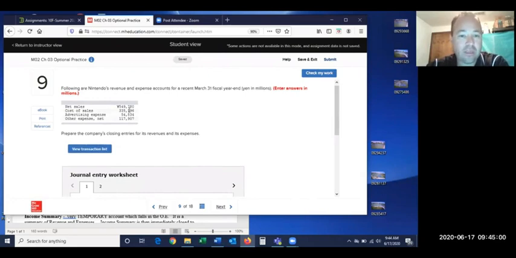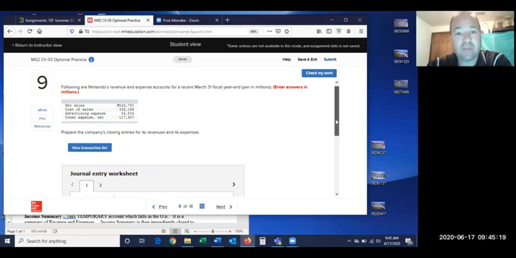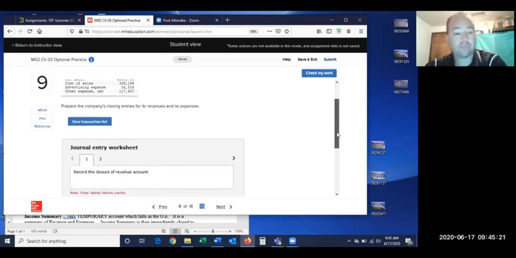So we've got here the account balances for net sales, the cost of sales, advertising, and other expenses. Okay, cost of sales, that is an expense, and that's an expense we're going to really look at starting next week when we start looking at inventory and selling inventory. But that is something that we do have to close out.